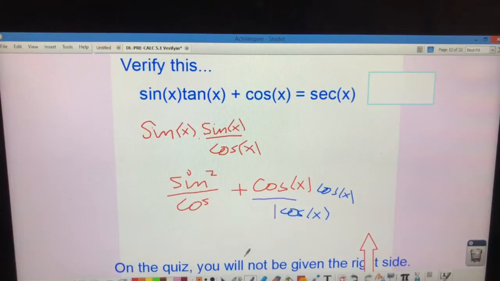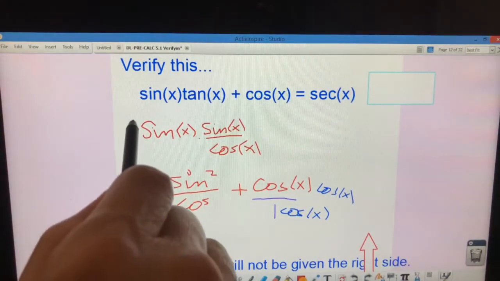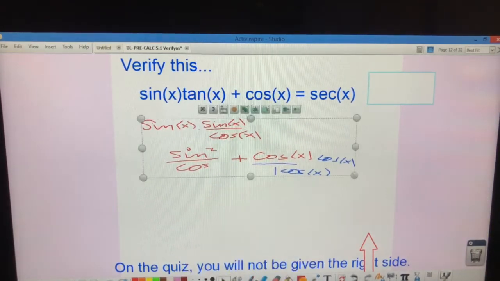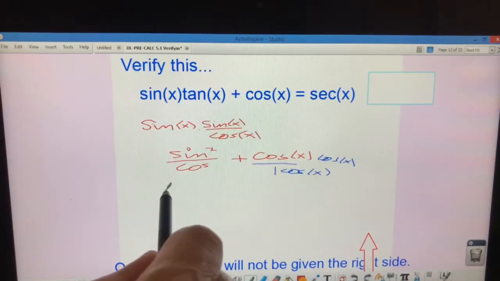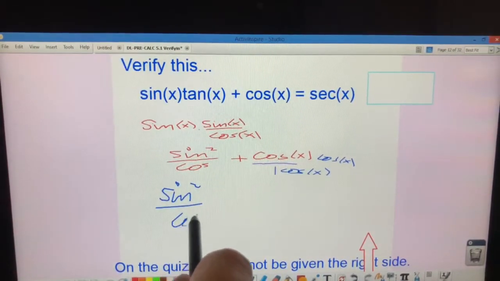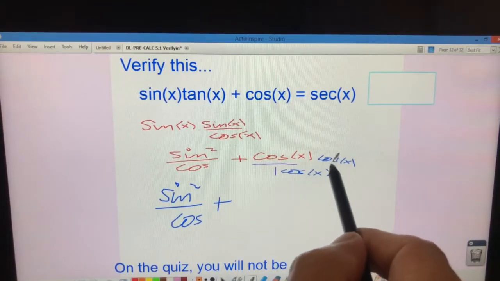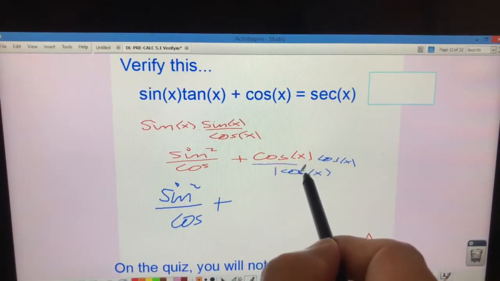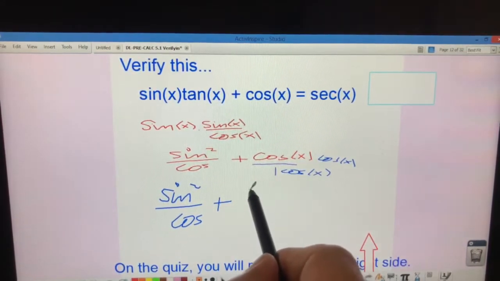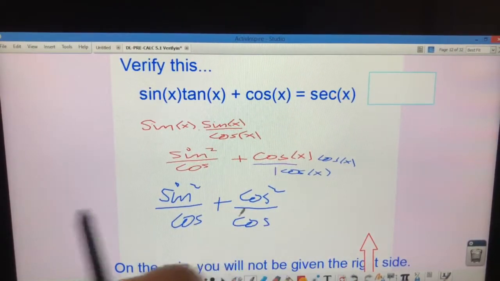Now when you multiply those together, this side I had sine squared of x over cosine of x. I didn't write the x. Since I have to multiply cosine in the bottom, I also have to multiply the top by cosine. So now I've got cosine squared on top over cosine.